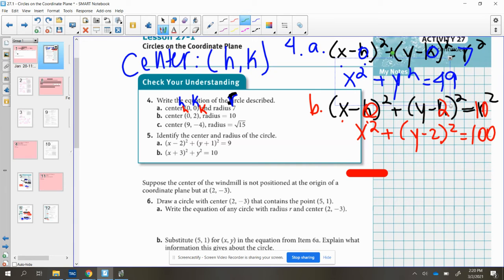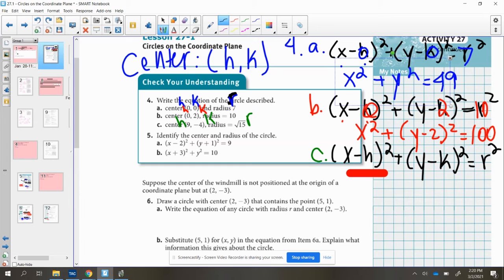Last but not least, we have h and k this time to be 9 and negative 4, and our radius is the square root of 15. So for part C, plug into the formula: x minus h quantity squared plus y minus k quantity squared equals your radius squared. Plug in h and k, and your radius is the square root of 15. As we simplify, x minus 9 doesn't simplify, so we'll just leave it as x minus 9 squared.